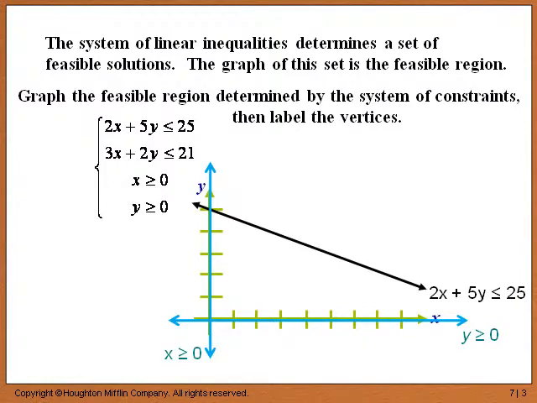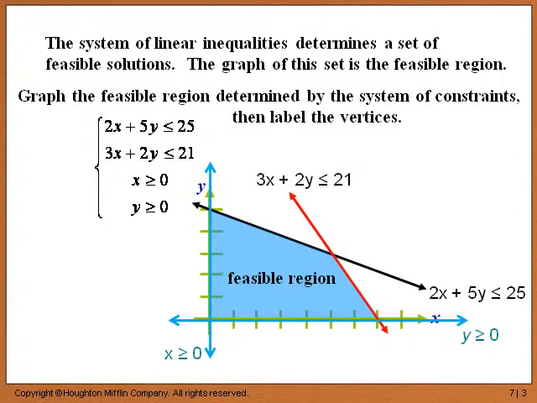The graph of 2x plus 5y is less than or equal to 25 looks like this. And you can, of course, prove that to yourself if you were not able to graph that on your own. But this is just a simple linear function that can be graphed. Usually it's best to put it in y equals mx plus b form. And 3x plus 2y is less than or equal to 21 looks like this.